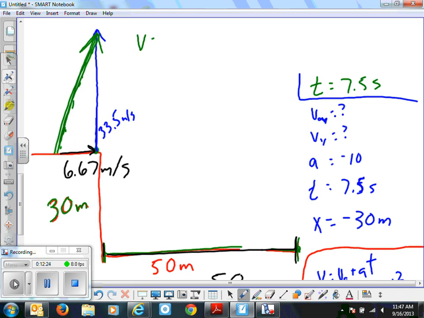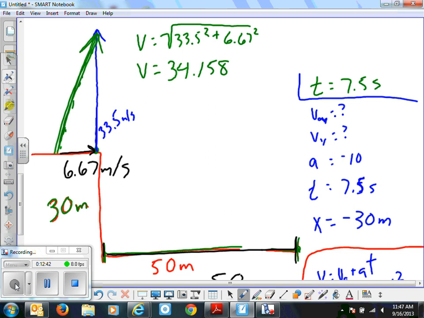So v then equals the square root of 33.5 squared plus 6.67 squared. Our velocity then equals 34.158 meters per second at, okay, so we need to find an angle, so I'm going to do that one. So the inverse sine of opposite over hypotenuse, which is 33.5.